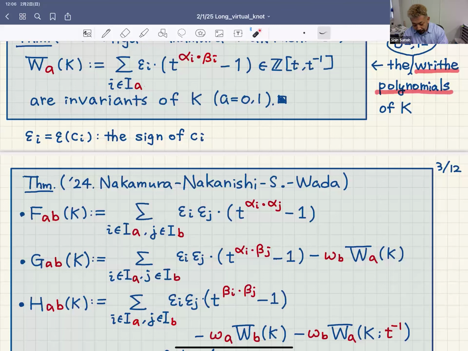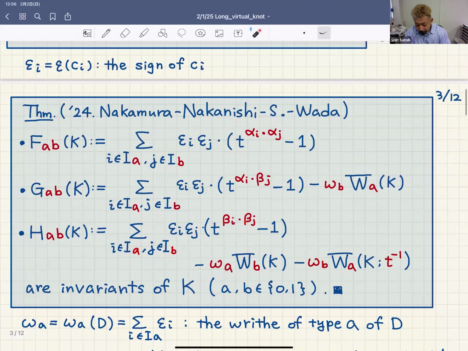Here, omega B is the rise of type B, which is the sum of the signs of crossings of type B only. WA is the rise polynomial of type A, defined as above.